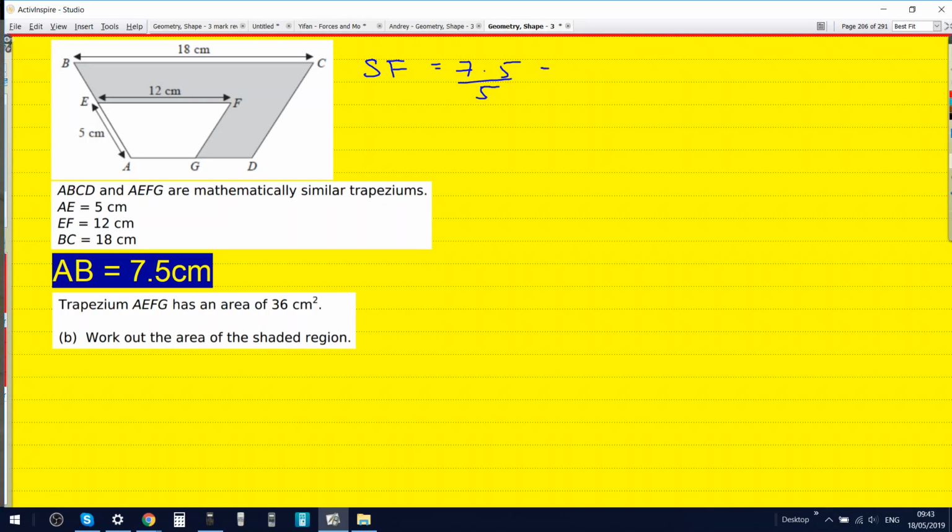And so how do you use that? So scale factor is 1.5.